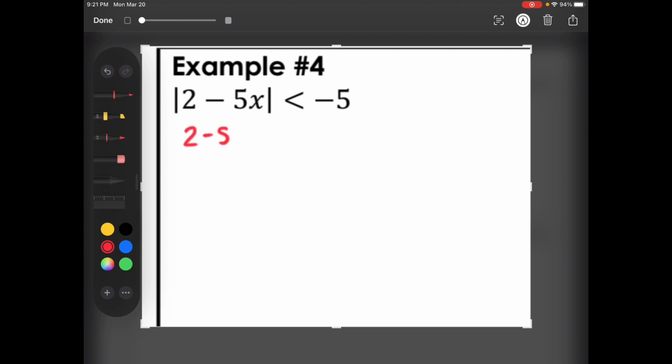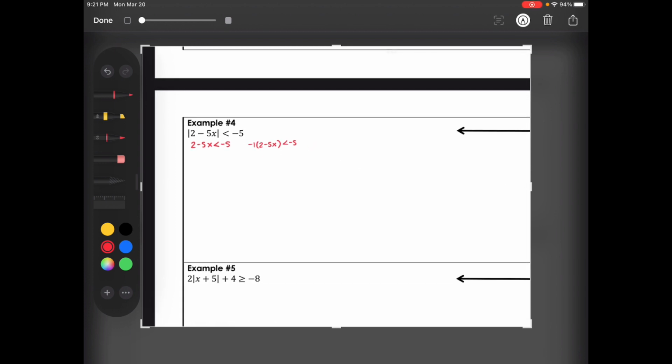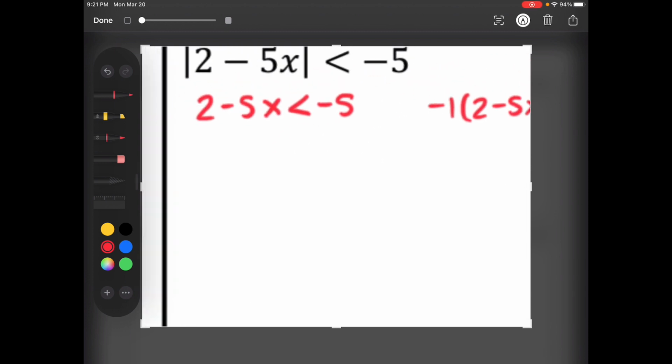So we have the positive version and the negative version. So I will start by subtracting the 2.